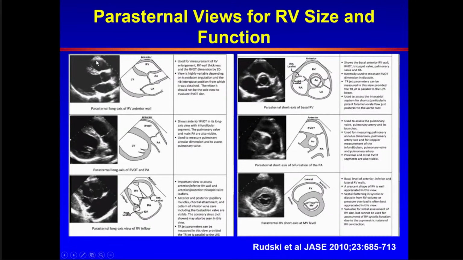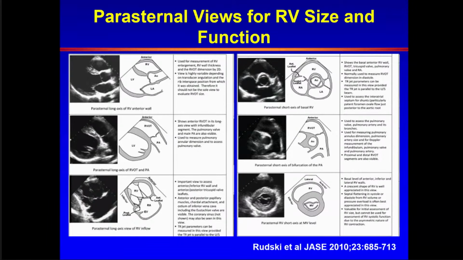You can see the part of the anterior wall of the right ventricular outflow tract, and you can measure the dimension between that anterior free wall and the junction between the septum and the aortic root. This gives you an assessment of the proximal region of the right ventricular outflow tract, and the upper limit of normal is 35 millimeters.